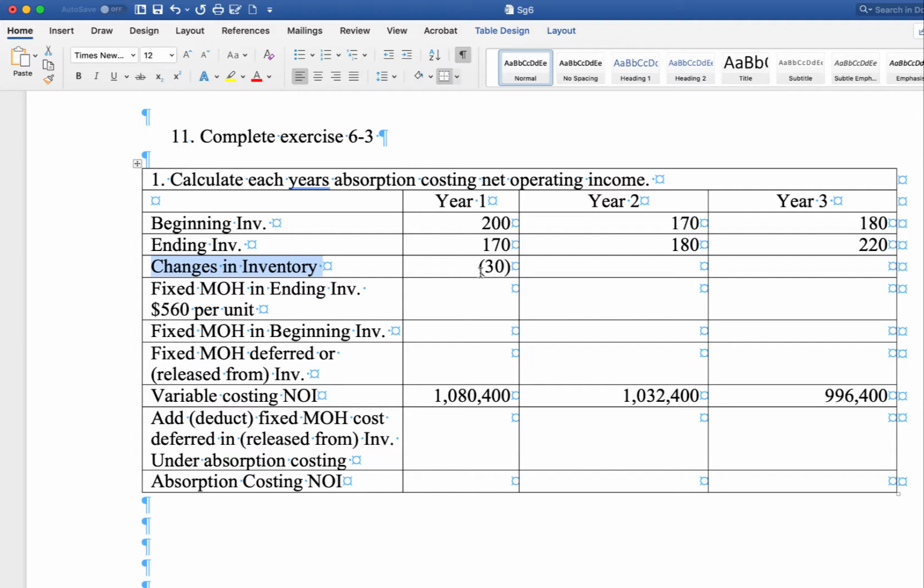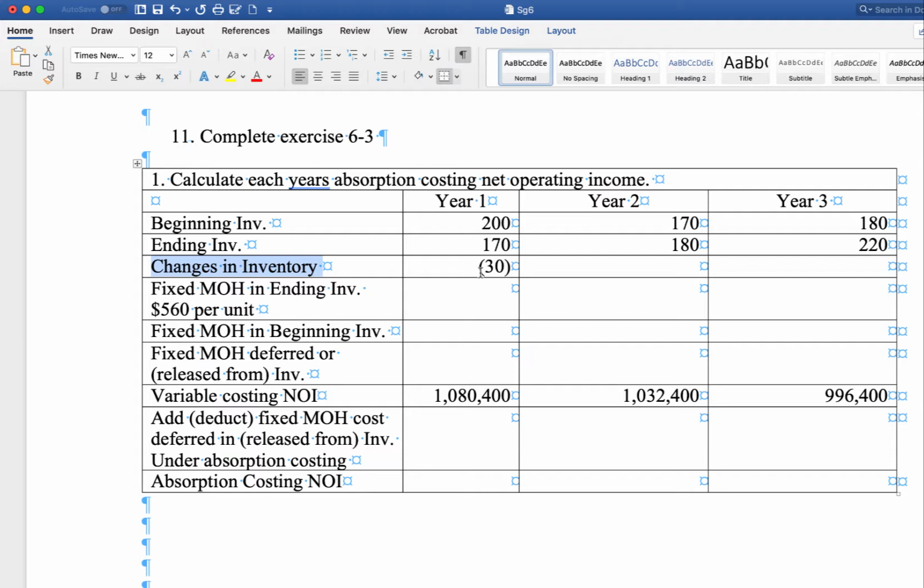That means that the units that we produced equal the units that we sold. No change in inventory. In that example, the net operating income under absorption costing and under variable costing are equal. Okay? But if inventories change, meaning if they increase or decrease, that's going to have an impact on the net operating income from the variable perspective or from the absorption perspective.